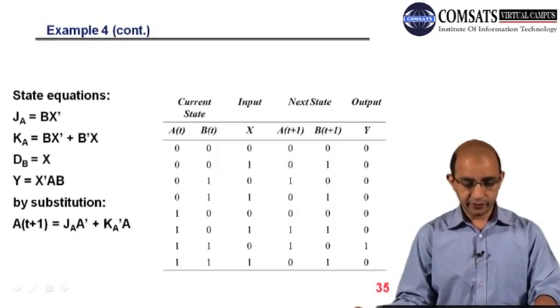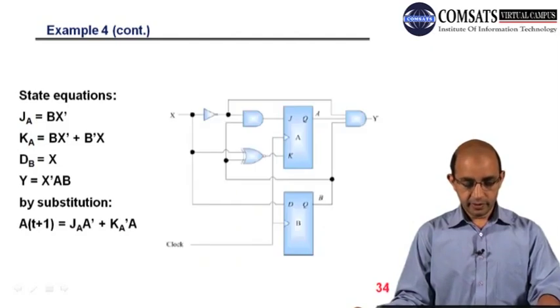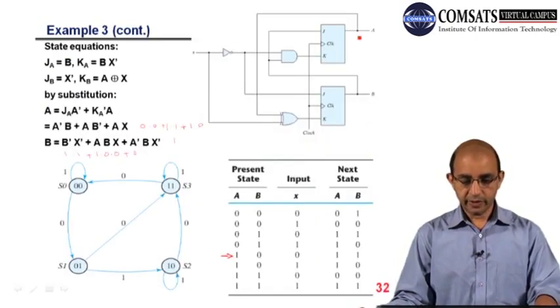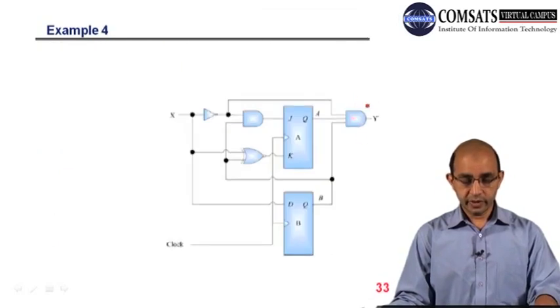Here the only difference is, if I go back, we have 2 JK flip-flops and 1 input. So the only difference is this: we have the output Y over there.